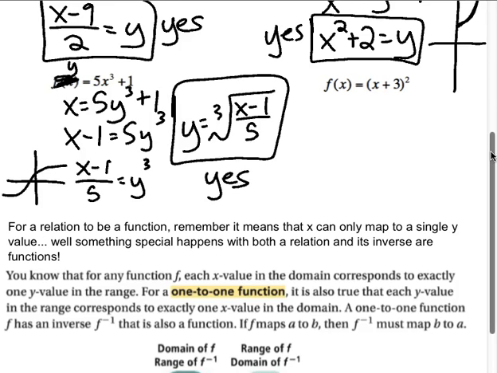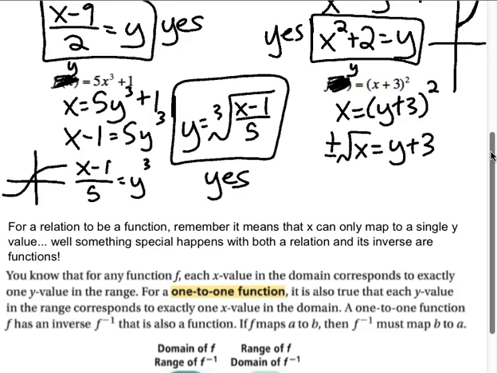Our last example for this brief recap is, call that y, because then we can swap them. Remember, the process of swapping them is what is creating your inverse. And now I have to resolve for y. Now this is where when I go to square root this thing to break the y plus 3 free, remember that's where the plus or minus comes from.